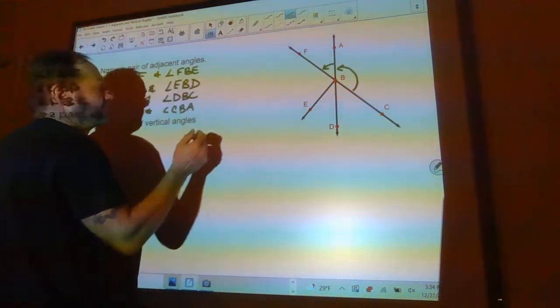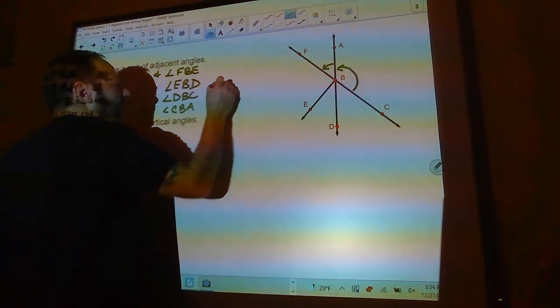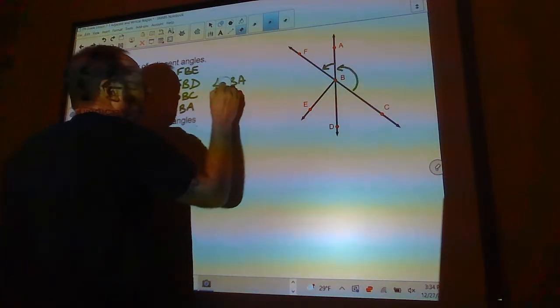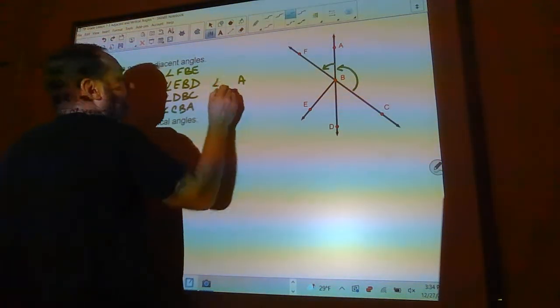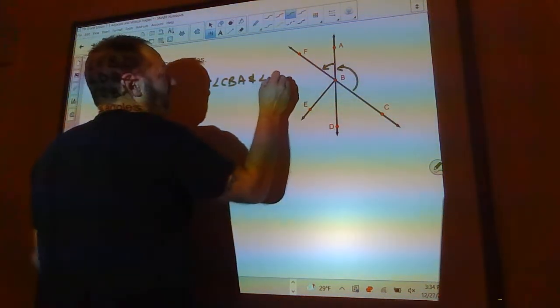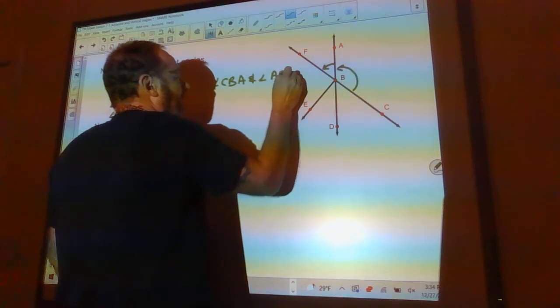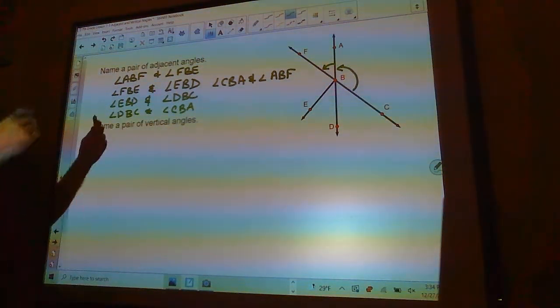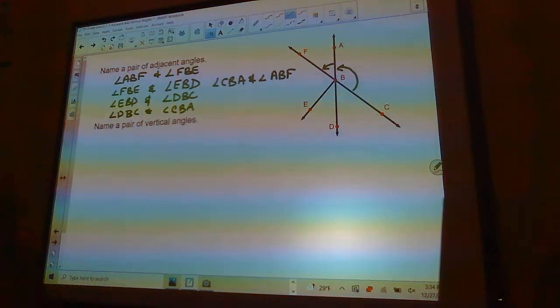I can do these two, so that would be angle CBA. And angle ABF. So basically I worked my way counterclockwise around this thing until I got back where I started. So there's 5 possible answers to this.